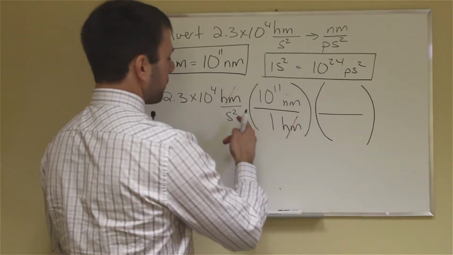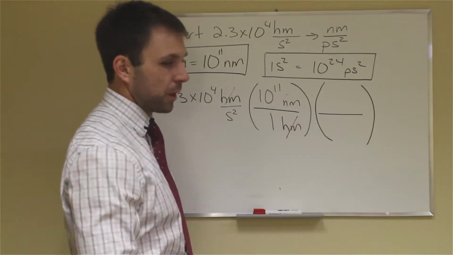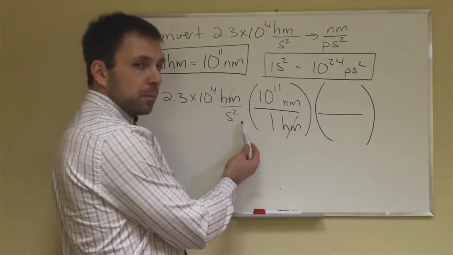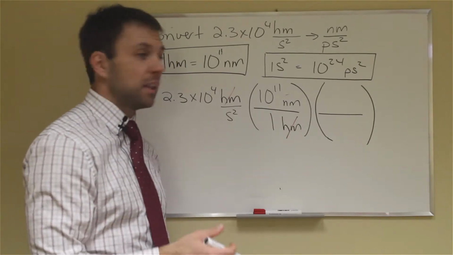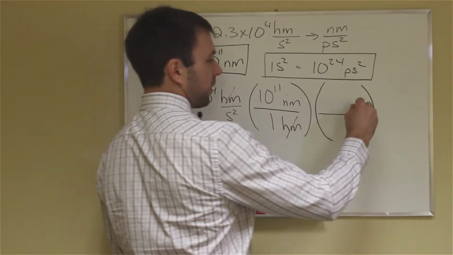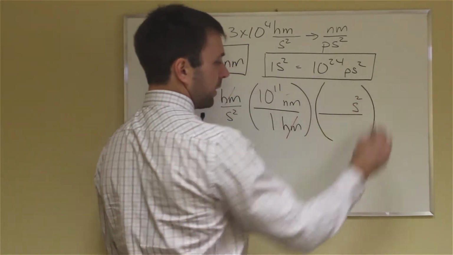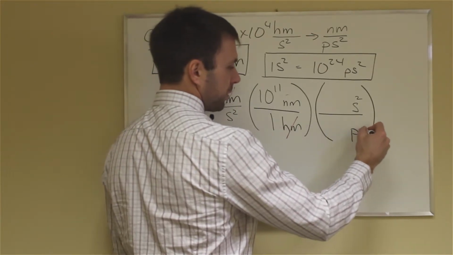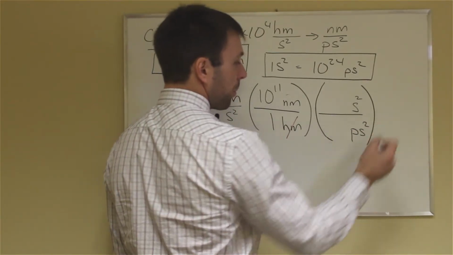Now, when I go from second squared to picosecond squared, I note that second squared is on the bottom. So in order to get second squared to cancel out, leaving me with picosecond squared, I need to put the second squared on the top. So second squared on top, picoseconds squared on the bottom.